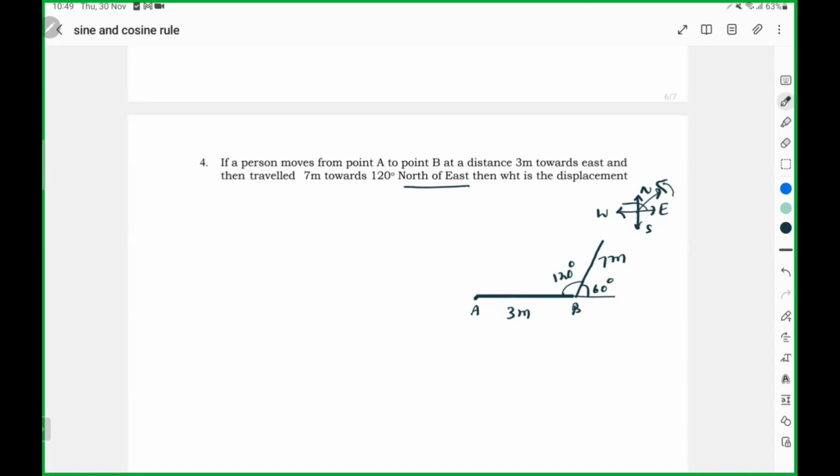Let us change this distance also to 5 meters. Then what is the displacement? AC square by cosine rule is 3 square plus 5 square minus 2 into 3 into 5 cos 120 degrees. That is 34 minus, cos 120 is minus half.